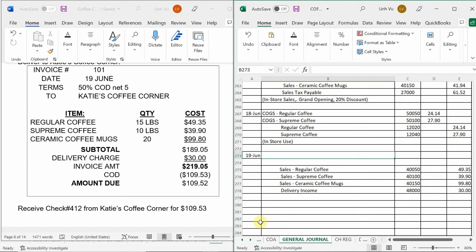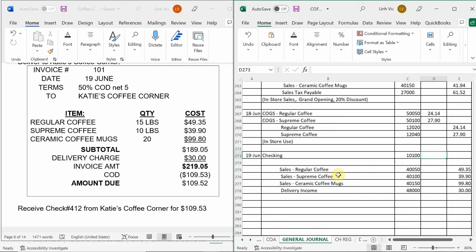Half of the charge, in the form of what? How did she pay me? A check. What do I do with the check? Put it in the checking account. We have to put the money in a checking account. Good. So that's the first thing we have to recognize: we received some money.